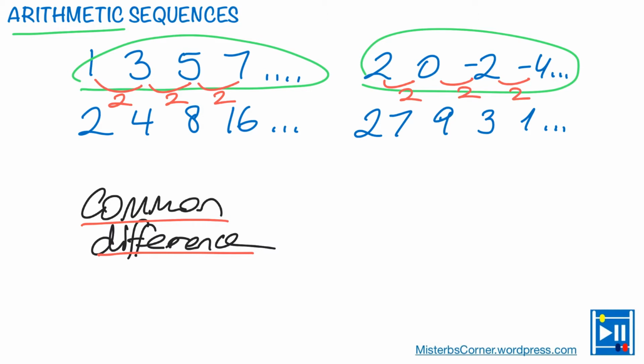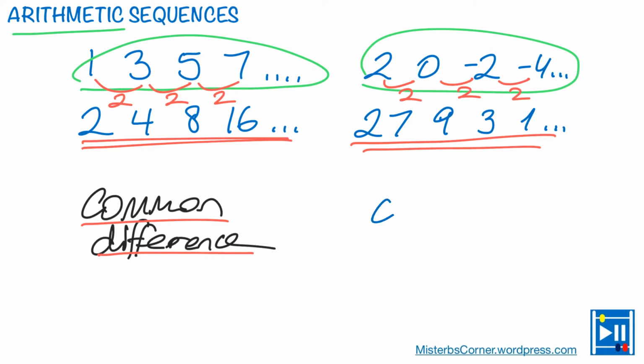Whereas these sequences are called geometric sequences, which we will see further in this chapter. And the rule for the geometric sequences is the common ratio.